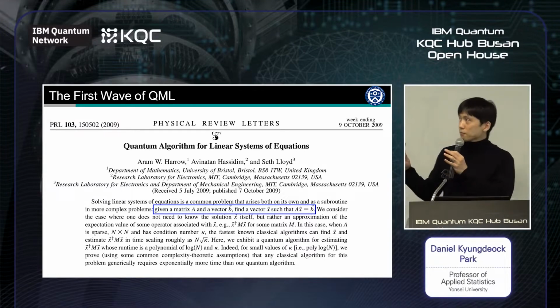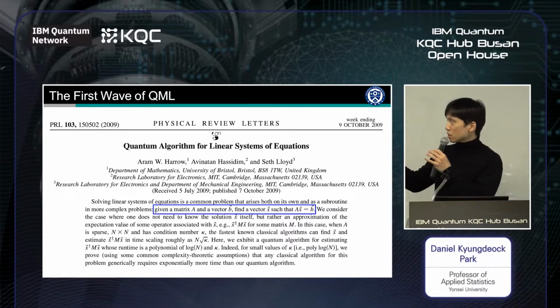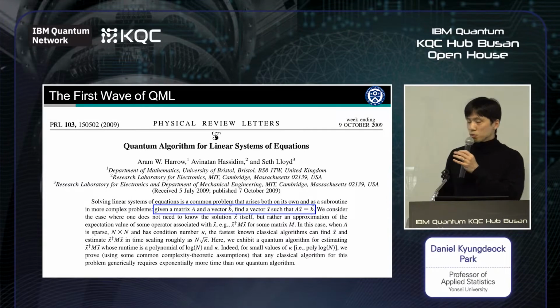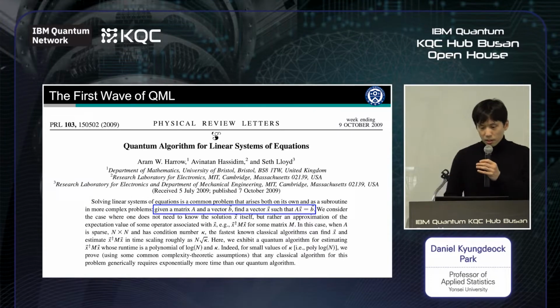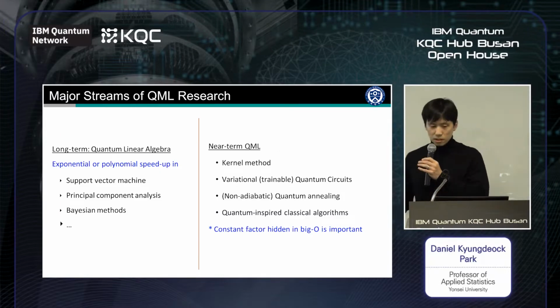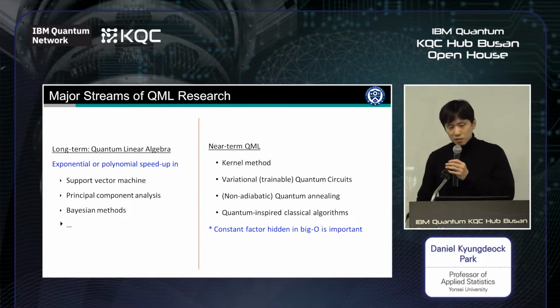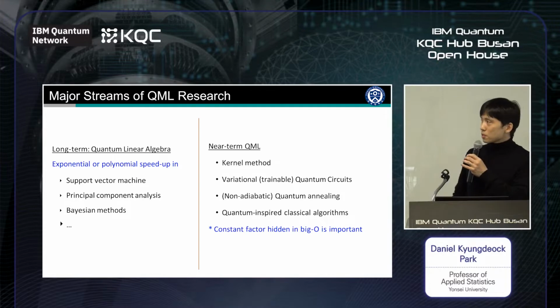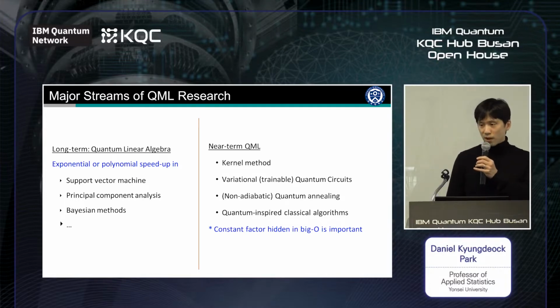After this paper came out, many people went on and used this technique as a subroutine for machine learning. But that's all great; in fact, this matrix inversion algorithm, which we also call the HHL algorithm, named after the authors of the paper, is slightly more difficult to implement than Shor's algorithm for factoring.